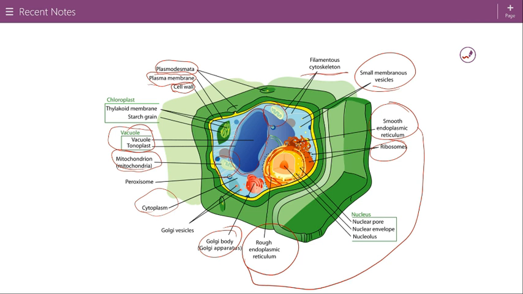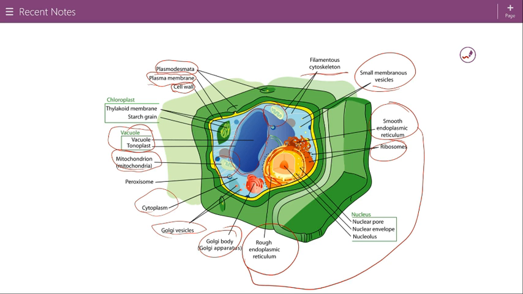It's kind of like the post office of the cell. It's going to help work with the small membranous vesicles to ship everything everywhere it needs to go. And so here are some Golgi vesicles sending some sort of molecule somewhere into the cell.